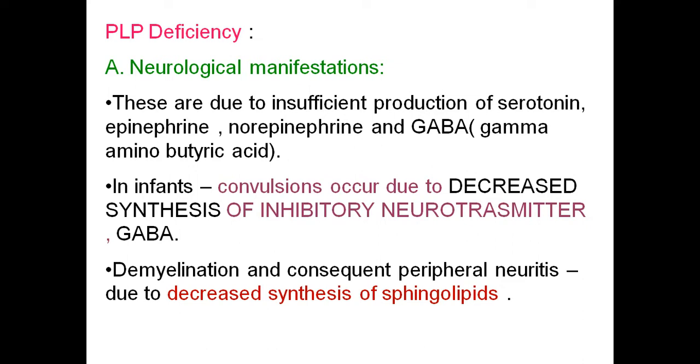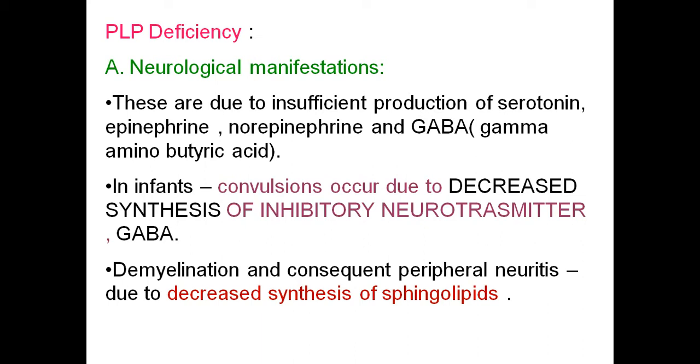These are due to insufficient production of compounds like serotonin, epinephrine, norepinephrine and GABA, because the amino acids tryptophan and others are required for the formation of these compounds, and gamma aminobutyric acid is formed by decarboxylation of glutamate. These compounds are required for brain development and neurological function.